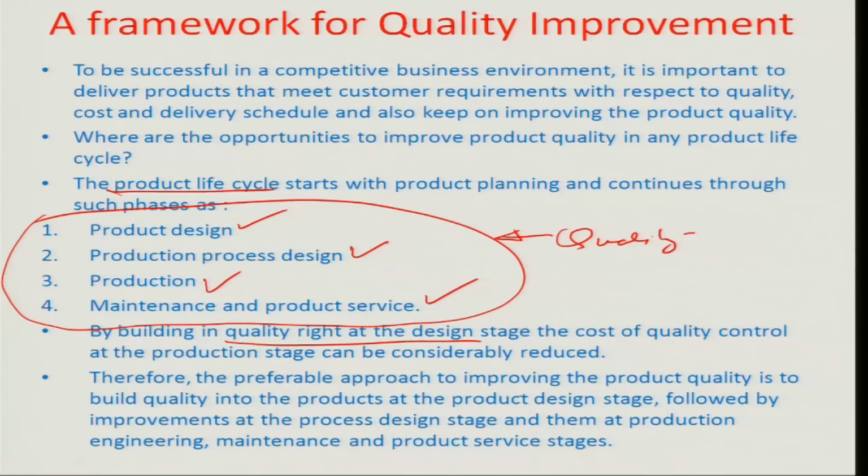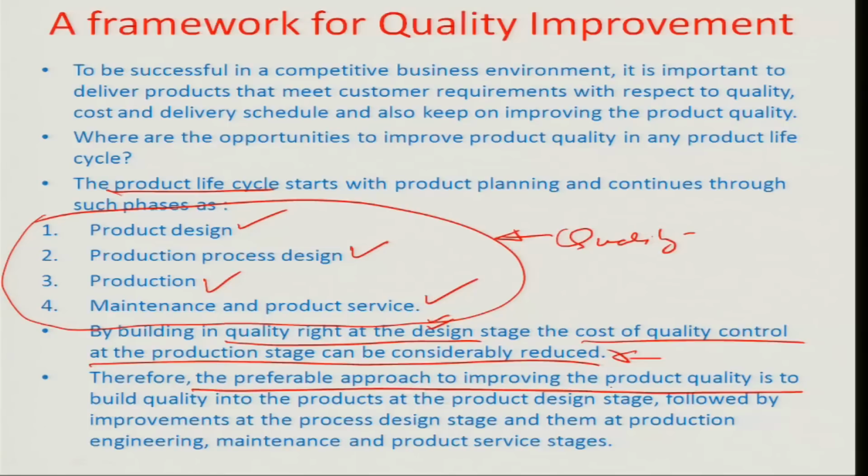at the design stage. Okay, so the cost of quality control in the production stage can be considerably reduced because of quality by design, and also the preferable approach to improving product quality is to build quality into the products at the product design stage, so that again the overall cost of maintaining the product compliance is reduced.